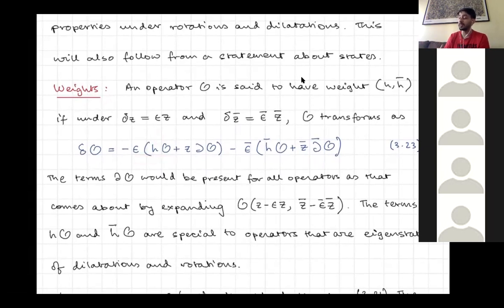The terms h of O and h bar of O are special to these operators that are eigenstates of dilatations and rotations.